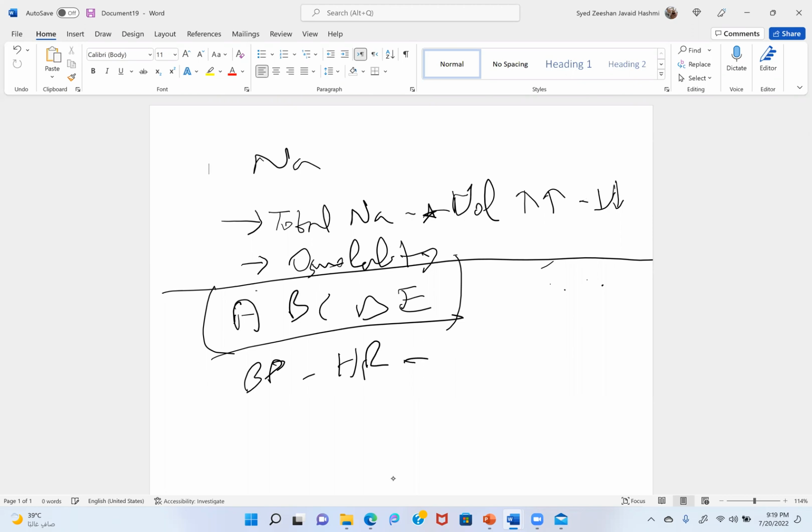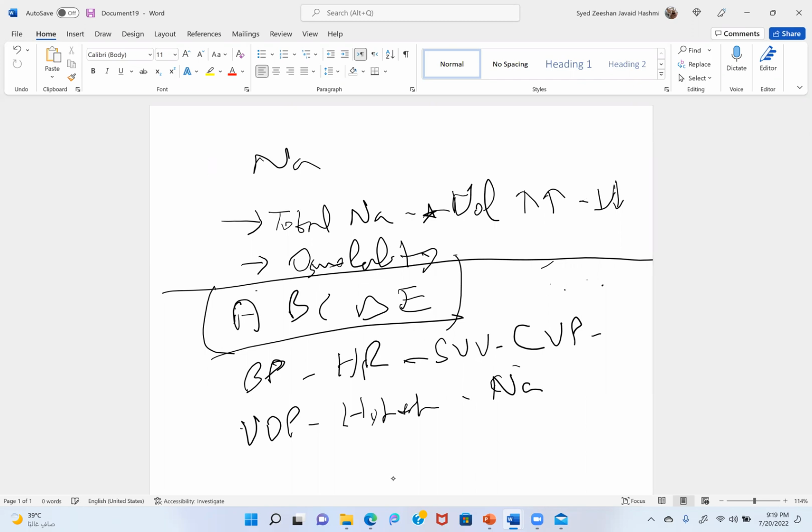Then stroke volume variation, if you have an arterial line and you are monitoring it, and CVP. Then urine output will tell you something, and the general hydration status will tell you something. So you will go step by step, and then the blood levels will tell you.